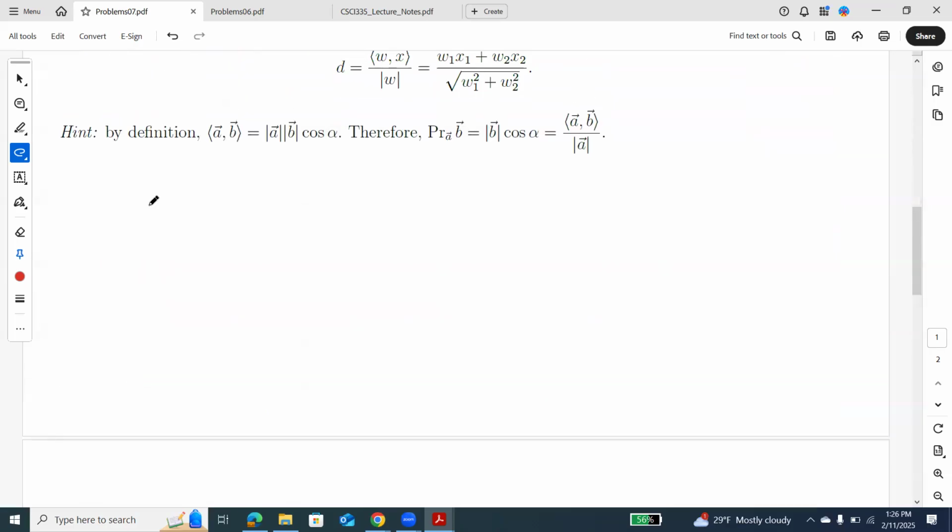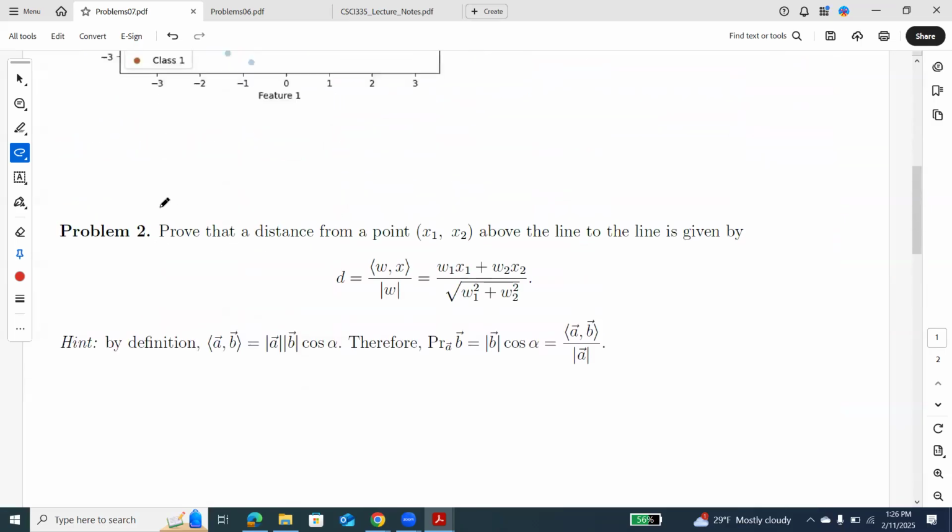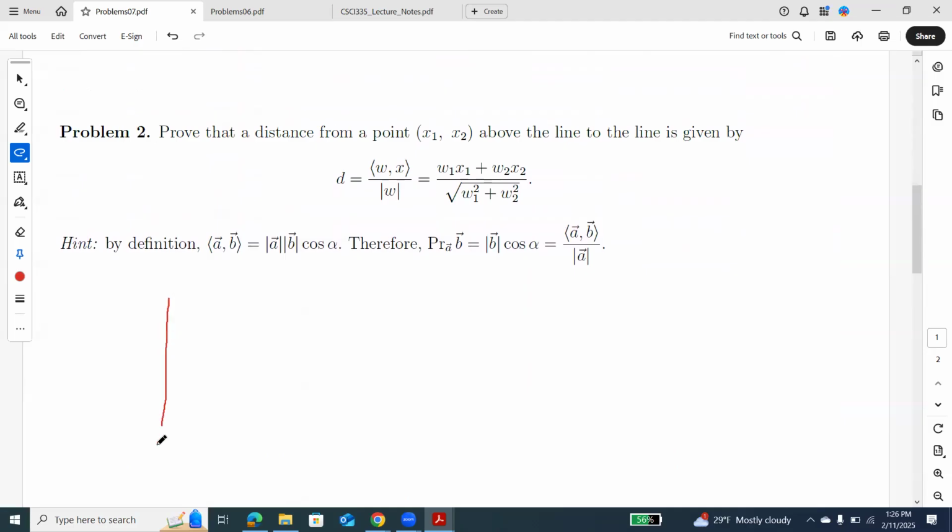So the next problem is, now we have our line. Again, this line, for simplicity, goes through the origin. The line has equation W1 x1 plus W2 x2 equals 0. So we don't have a bias term. It's just easier to understand.